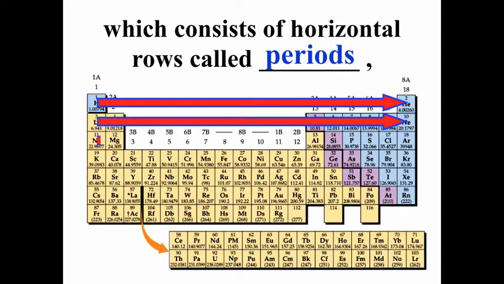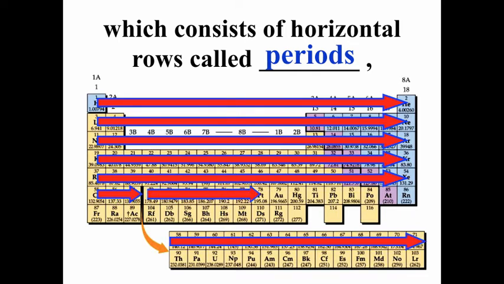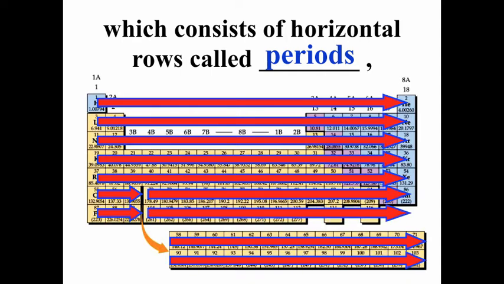There's the second, and the third, and the fourth, and the fifth, and then the sixth row or sixth period actually does a little bit of a detour into the bottom chunk of the periodic table before it completes its journey across the row. And then the seventh row does the same thing, but note it follows all the elements in numerical order.